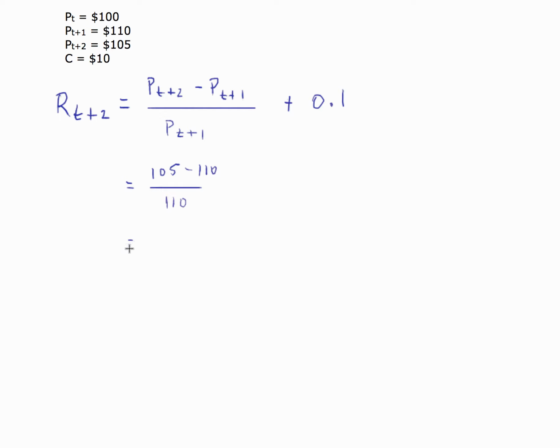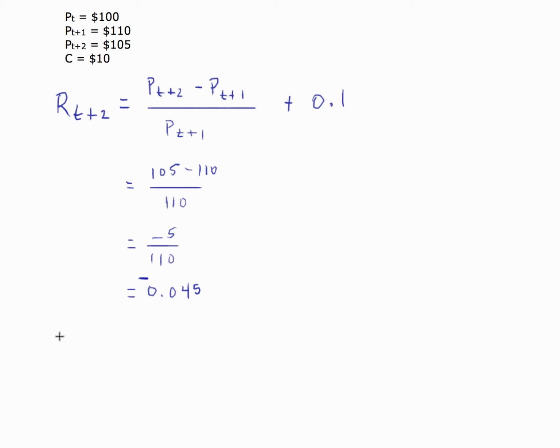This becomes negative 5 over 110, which is 0.045. Of course, this is actually a negative 0.045 because the value of the bond actually went down $5. So this will be a change for the worse. This will be a capital loss of 4.5%.